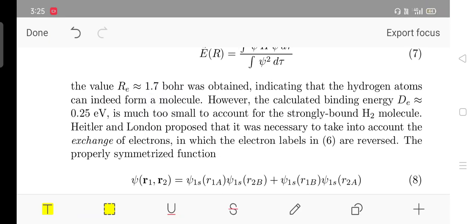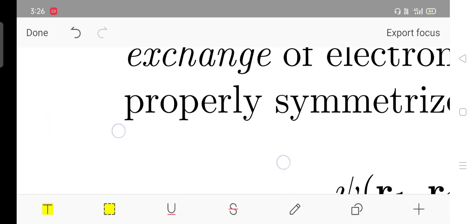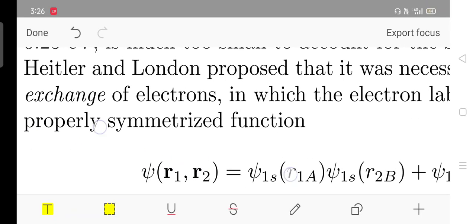Then he exchanged the electrons, so the second electron exists in nucleus A and the first electron exists in nucleus B. Then he wrote the wave function. That wave function will be a symmetric function.